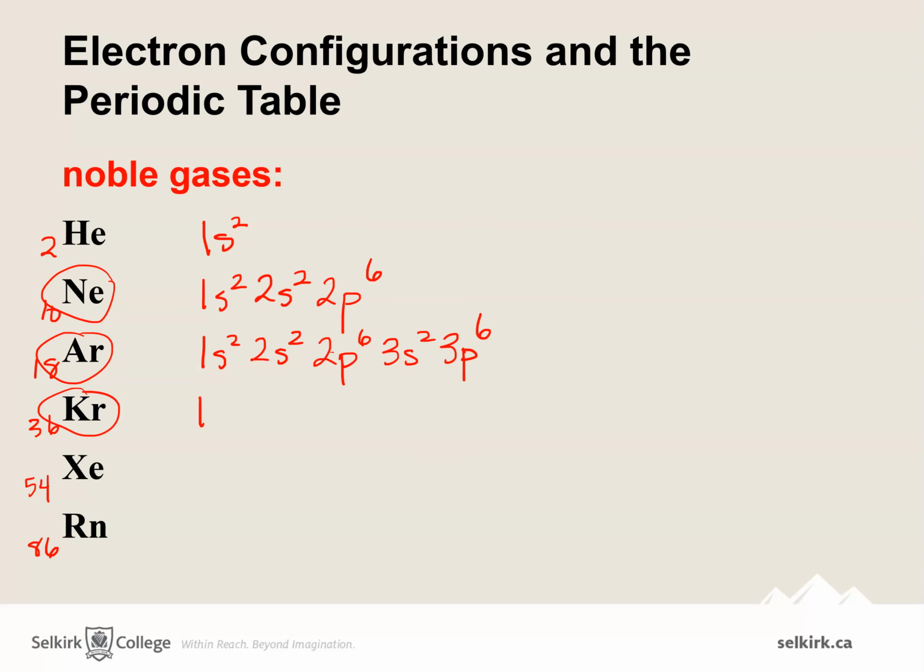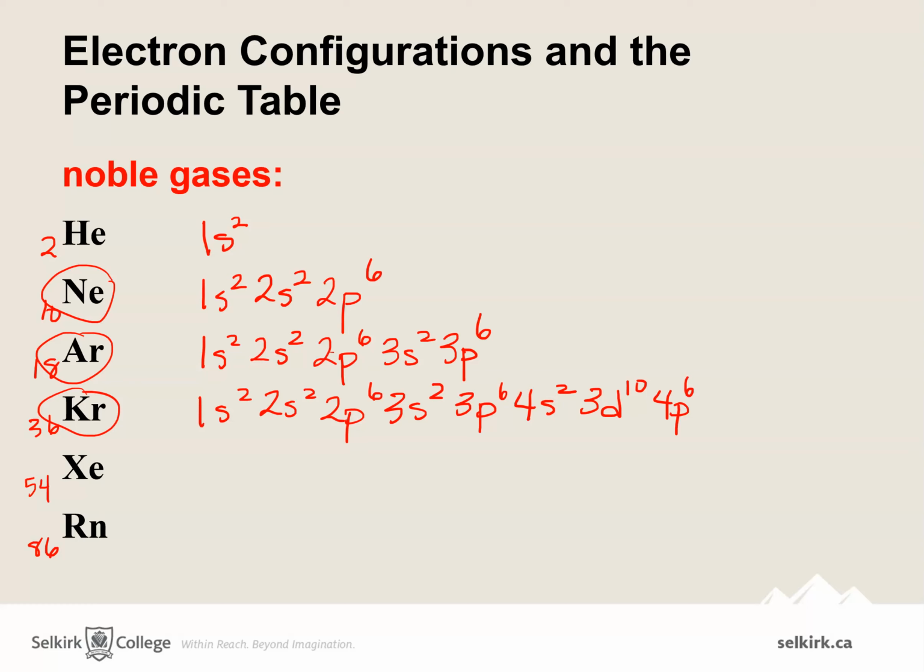And krypton: 1s2, 2s2, 2p6, 3s2, 3p6, 4s2. What have I got there? 20, 3d10, 30, 4p6. All right, I'm starting to see a pattern form.